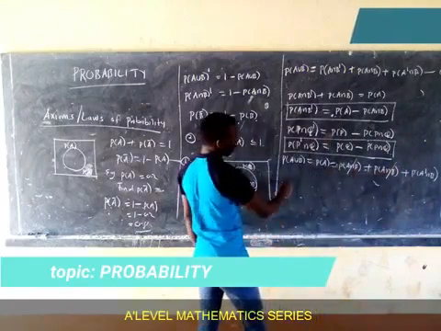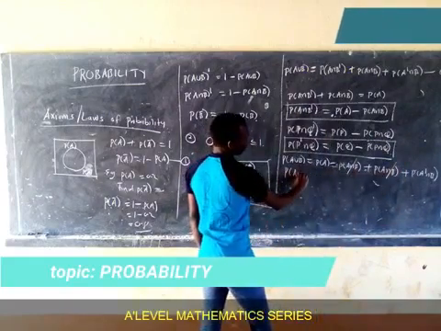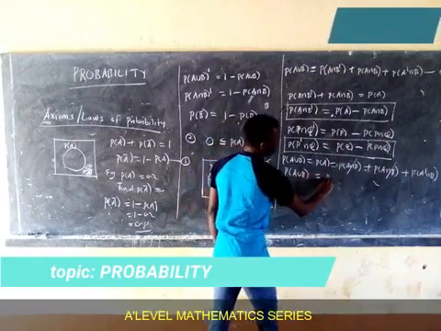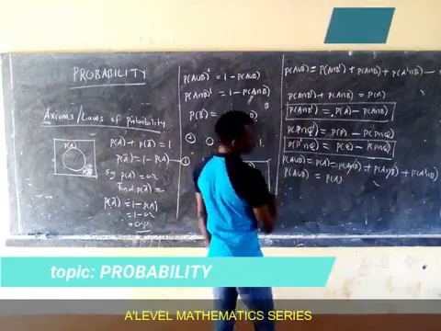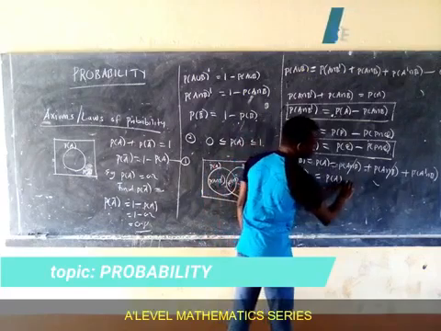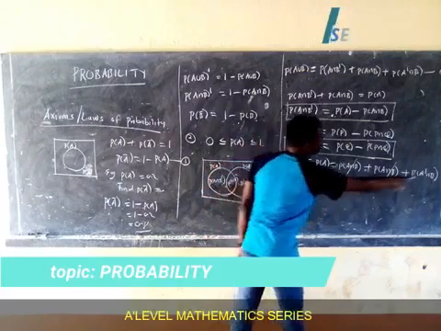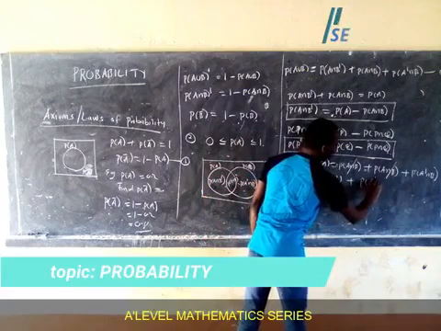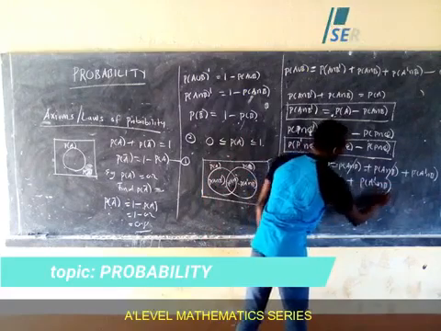When they die, I'll have the probability of A union B as the probability of A plus the probability of A complement intersection B.